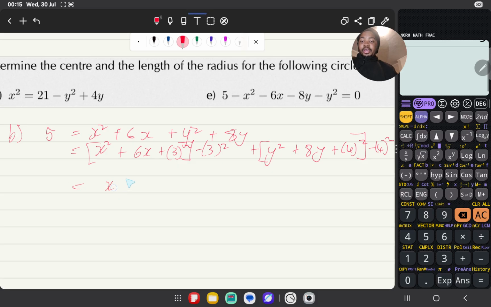That means you have (x plus, you look at the sign here, plus 3) squared, then minus 9, and then you're going to have a plus y, the sign here is plus, so (y plus 4) squared minus 16, right? And you realize here you have (x plus 3) squared plus (y plus 4) squared minus 25.